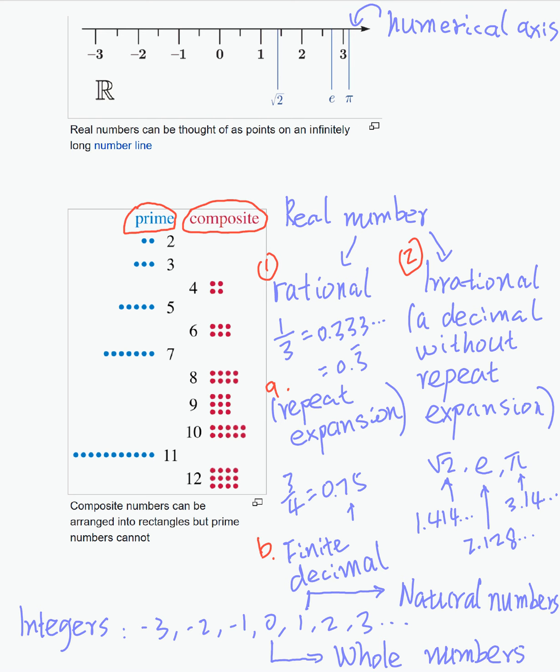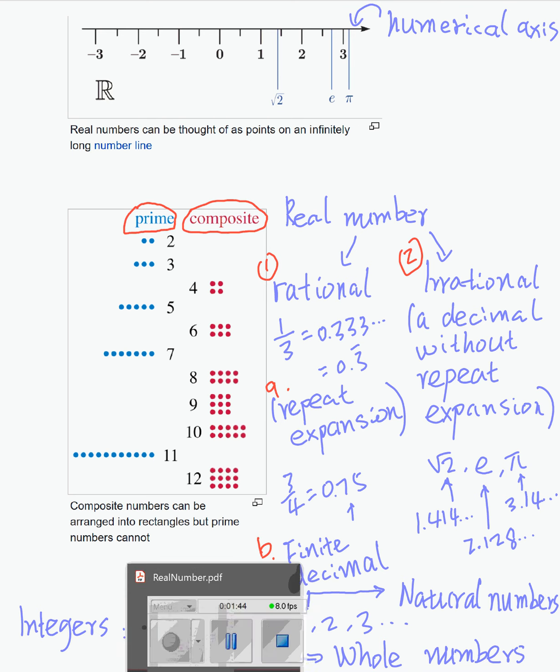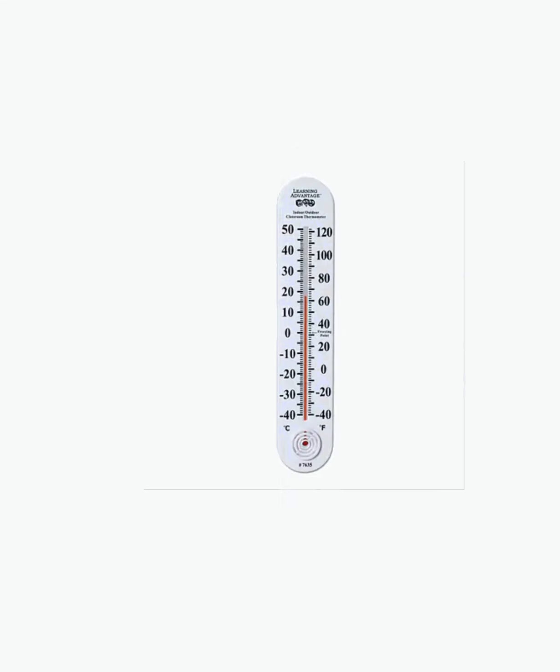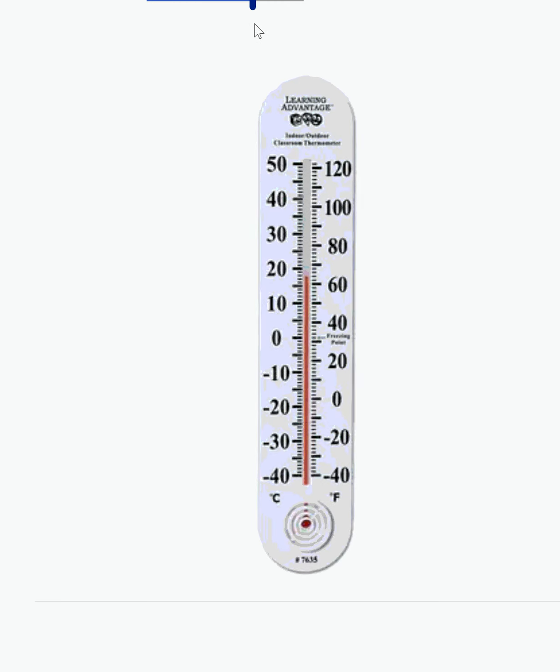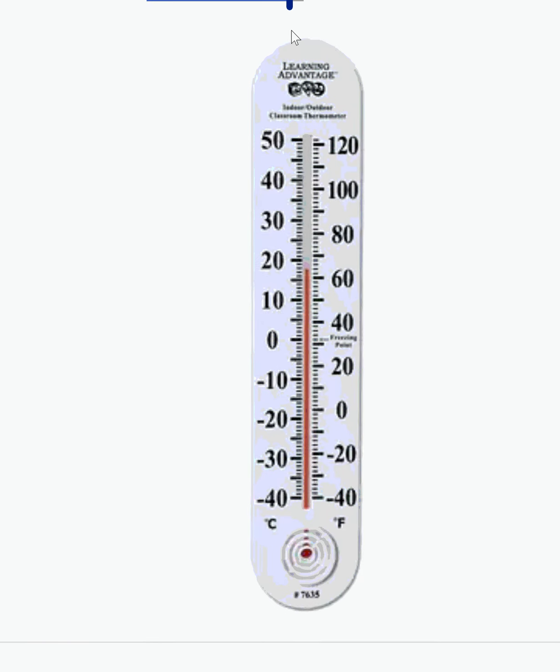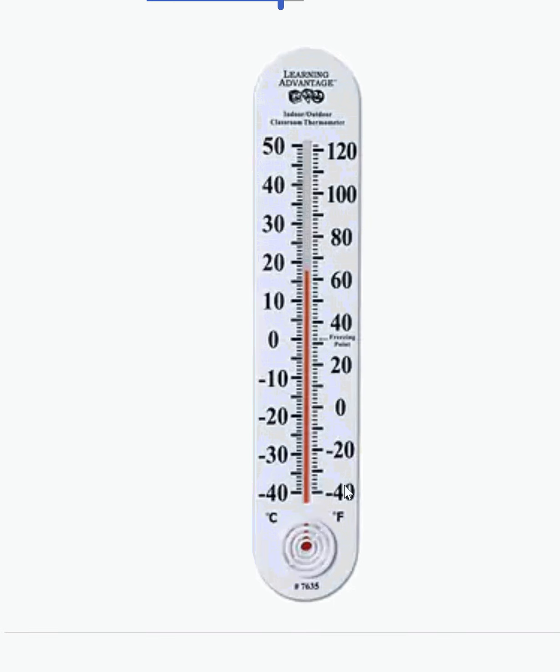You see, before everything is digitized, we have a temperature thermometer. You see here, this is the classroom thermometer.